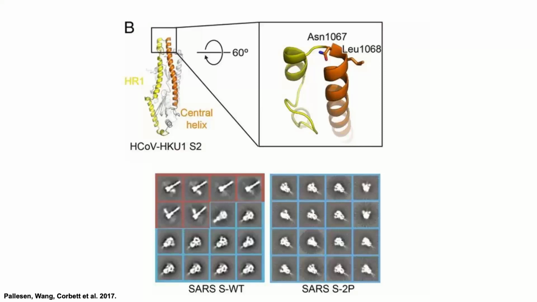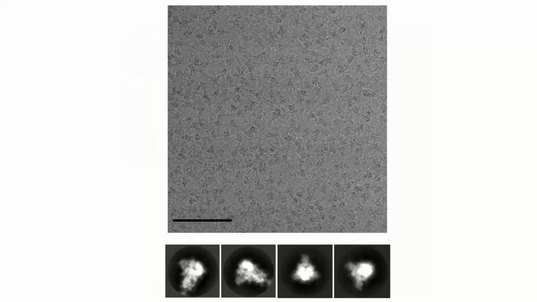So we took this knowledge and we applied it to SARS coronavirus 2, as many others did as well. I worked really closely with a staff scientist in the lab. His name is Young, and together we solved the structure of the SARS coronavirus 2 spike protein. What I'm showing you here is a raw micrograph and 2D class averages of the spike protein that we first solved.